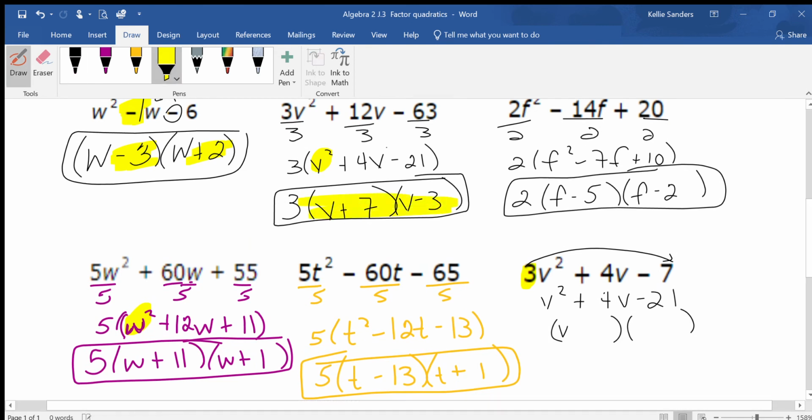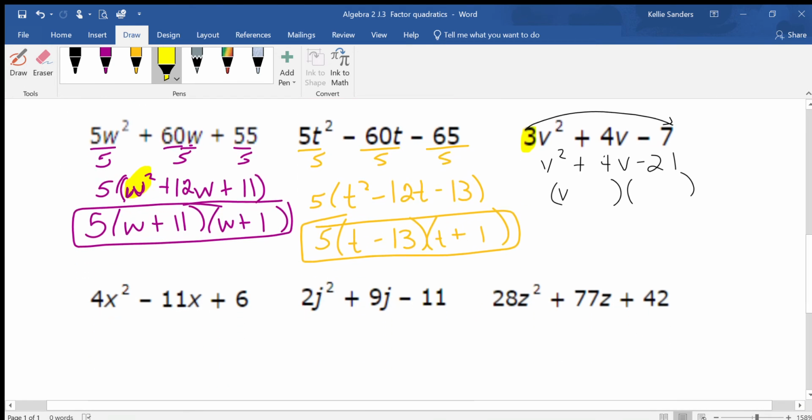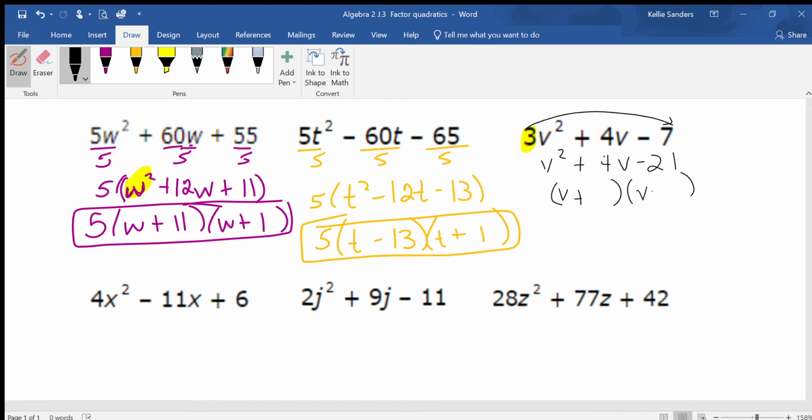We've already done that. And if you keep really good notes, a lot of these problems are used over and over and over. Because we multiplied the 7 and 3 at the beginning, we have to divide by 3 at the end. 7 over 3 is reduced, so we move the 3 to the v. 3 over 3 is 1. There you go.